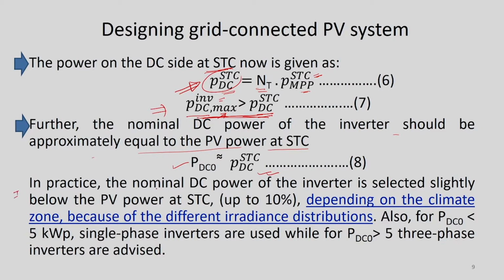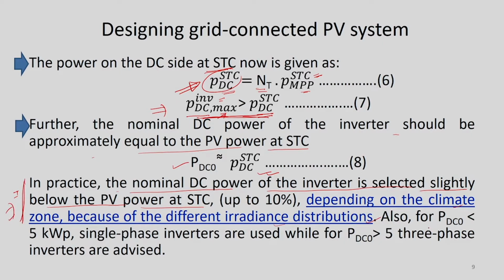In practice, the nominal DC power of the inverter is selected slightly below the PV power at STC, depending upon the climatic zone, because of the different irradiance distribution. This is very, very important.